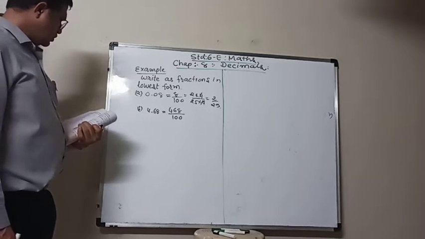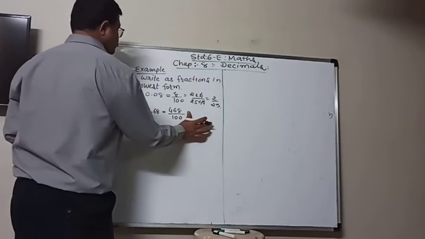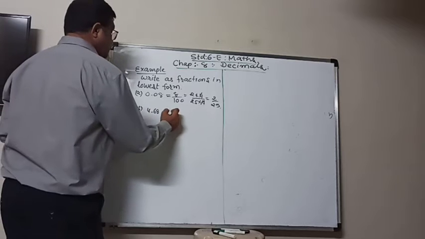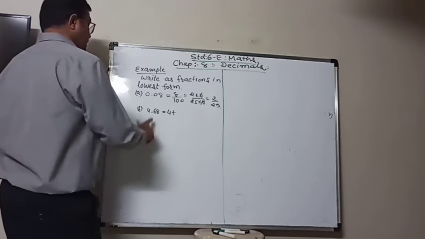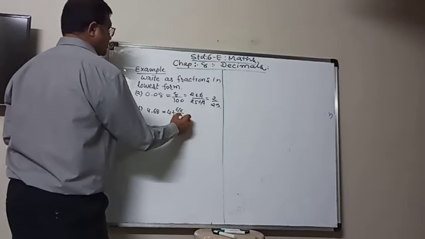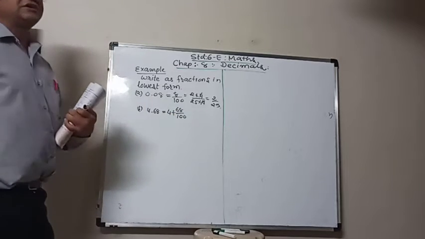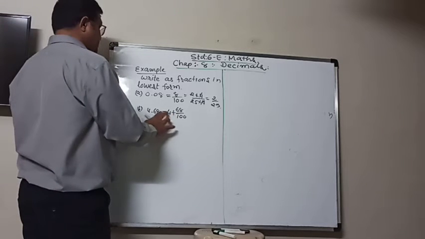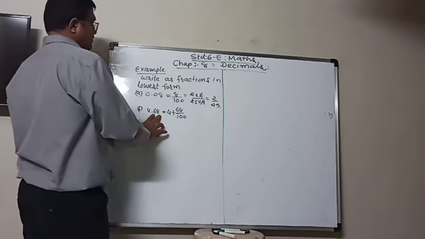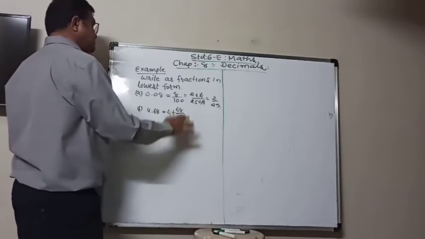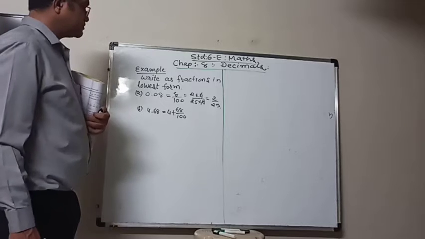So now we can write down as thus also, or there is another way, that 4 you keep as it is and 68 you write down as 68 upon 100. That will be easier for us. Keep the whole digit separate and then after the decimal point you write down as the 68 hundredths.